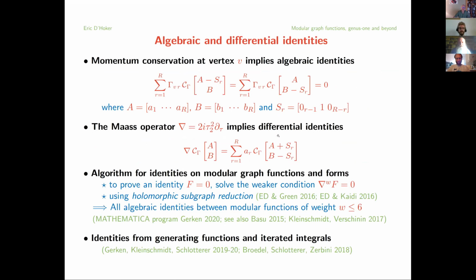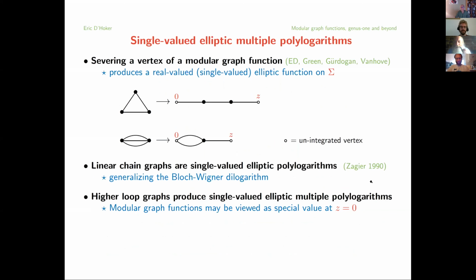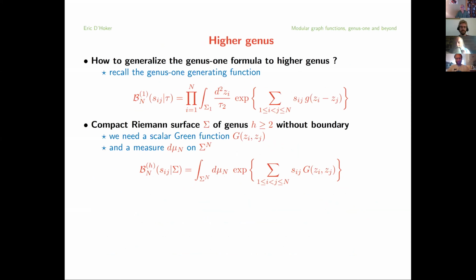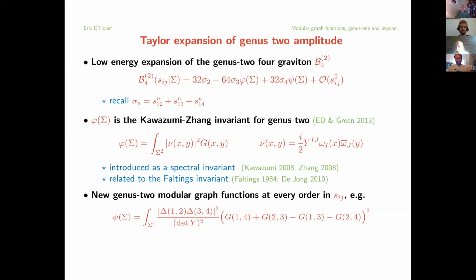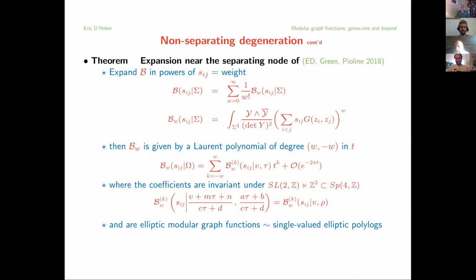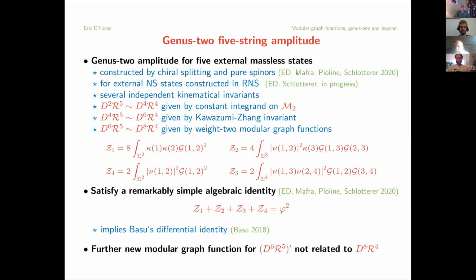Well, the same methods don't quite work because, for example, here we use momentum conservation. So that's very special to genus 1. It has to do with the fact that the torus is invariant under translations. And that's, of course, not true for higher genus. But there is an identity. In fact, we called it a lemma in the paper that we recently wrote on genus 2 5-point functions, the second paper of it.